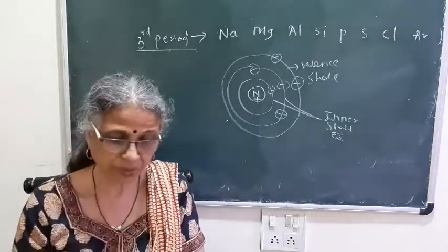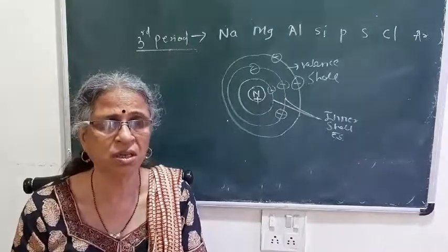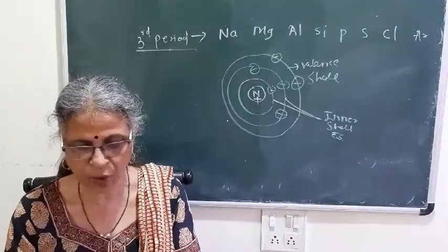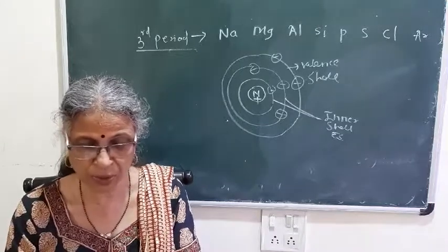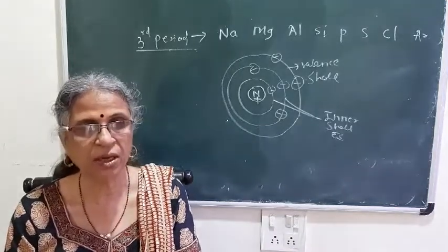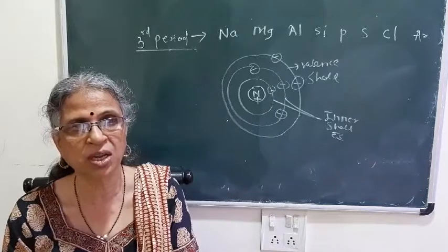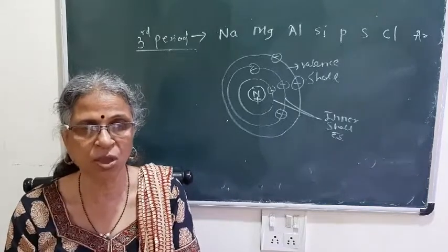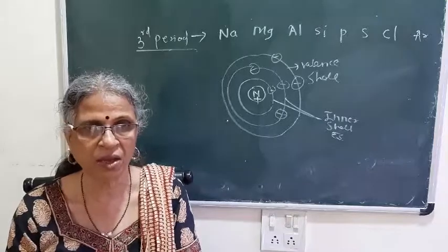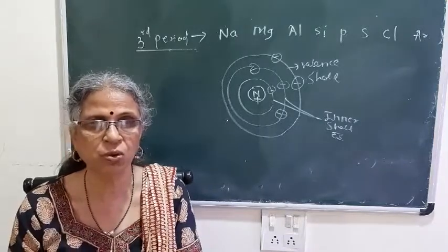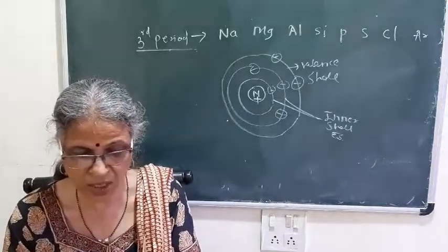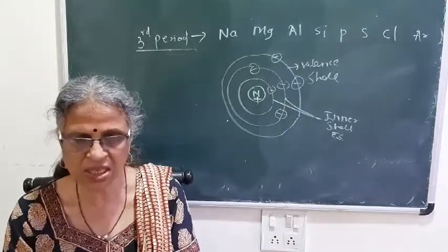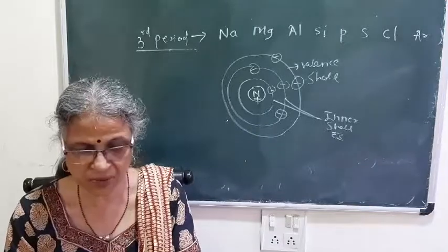Followed? So if we consider the elements present in the same group, that is, whenever we go from top to bottom in a group, you know that the number of valence shell electrons remains the same, but new shells get added, and therefore the distance between the nucleus and the outermost valence shell electrons increases. As this distance increases, that is, atomic radius increases, that we have seen.